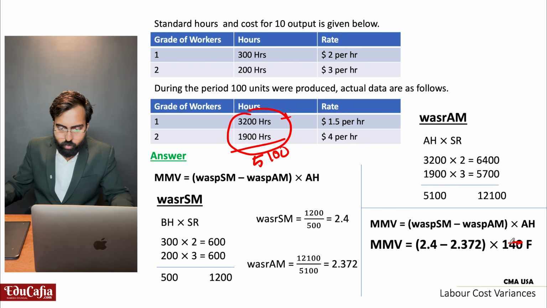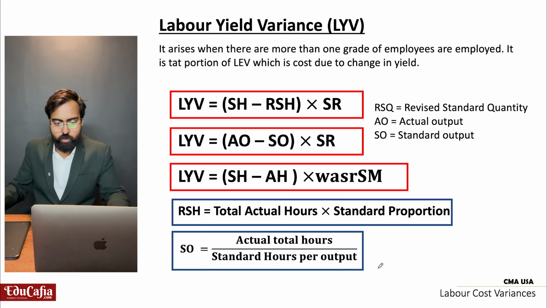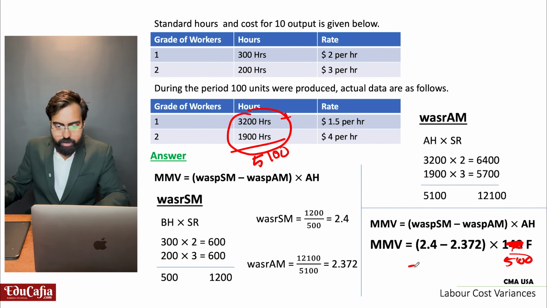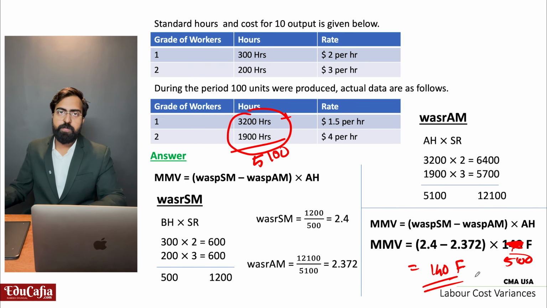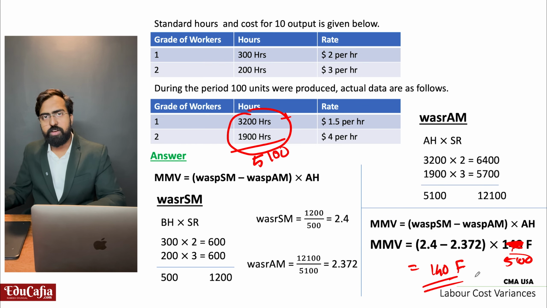So here it is 5,100 actual hours. So that is equal to 140 favorable. So the answer will become 140 favorable. Using both equations, I hope you understood how to calculate.